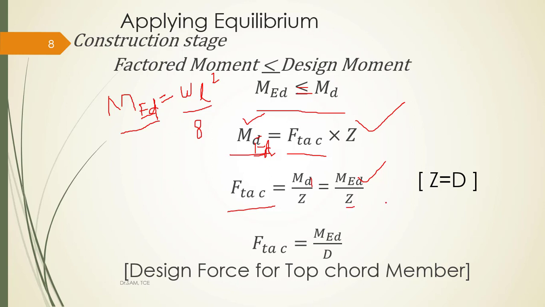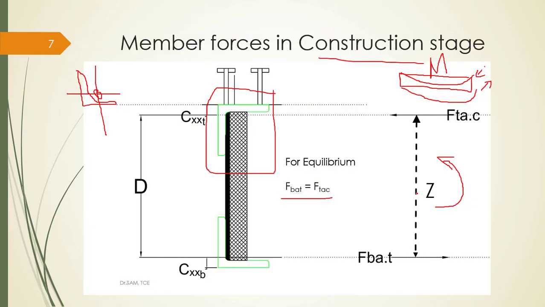Coming to Z, this is nothing but, please see here, the lever arm between the forces. As I told, these forces are acting through the CG of the top angle as well as the CG of the bottom angle. Usually this distance is said to be the depth of the truss, because during the analysis, if I draw a Warren truss like this, this is the CG of the element I have chosen for the top chord.